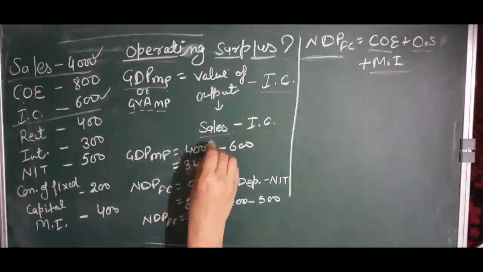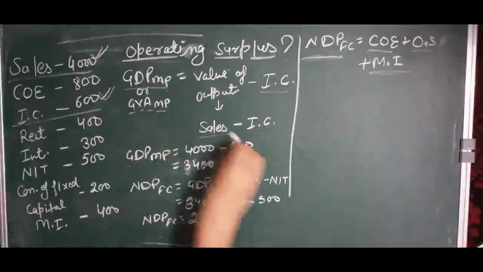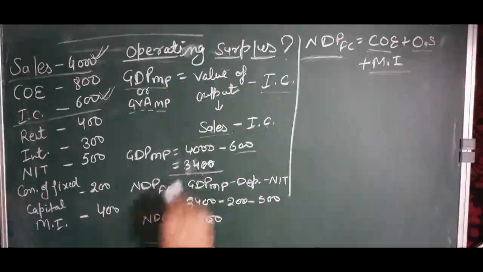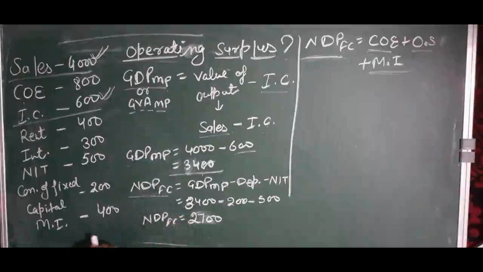Putting the values, sales is 4,000 and intermediate consumption is 600, so we get GDP at MP as 3,400.